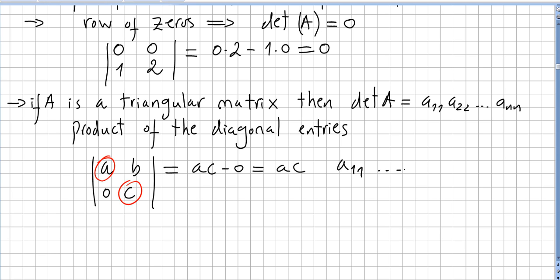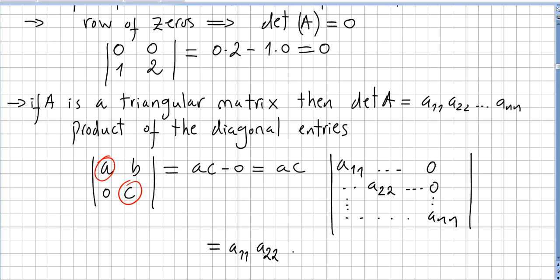If the matrix is a11, 0, 0, a22, and so on up to ann, the determinant will be a11 times a22 times ... times ann.